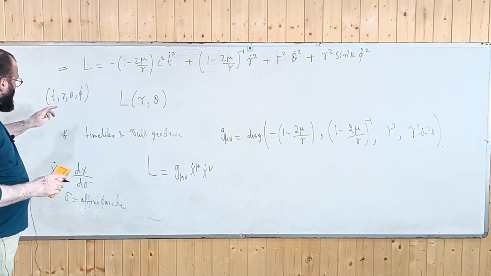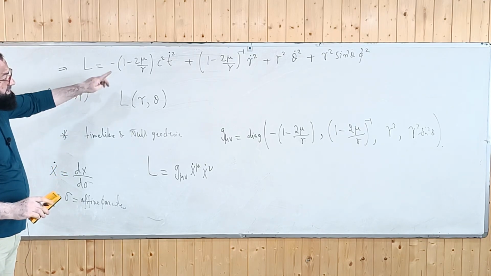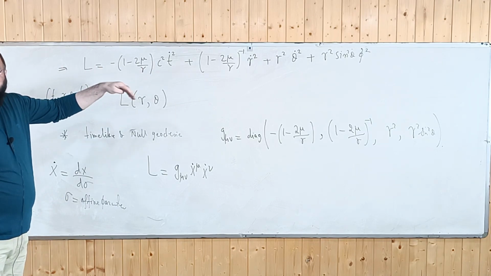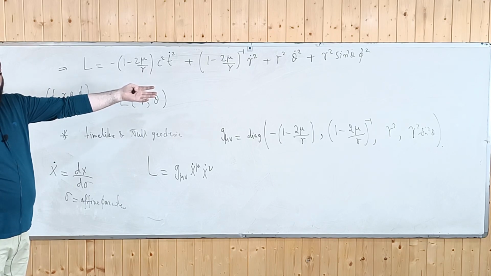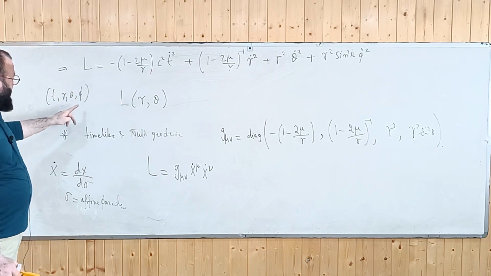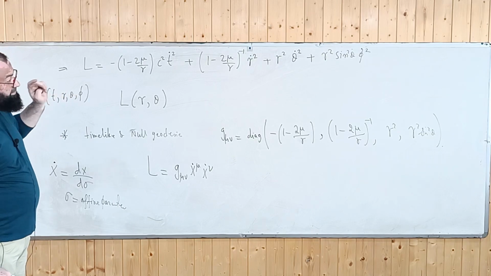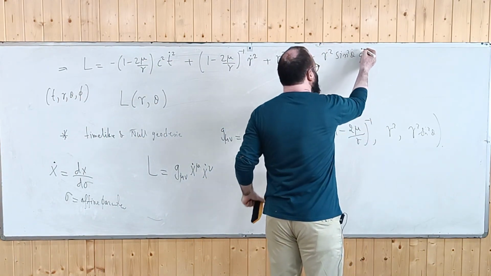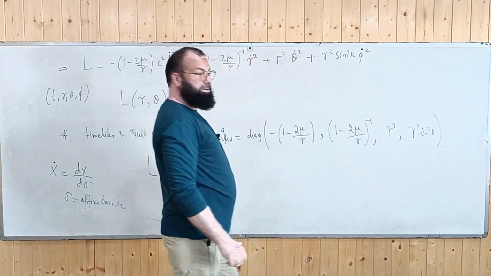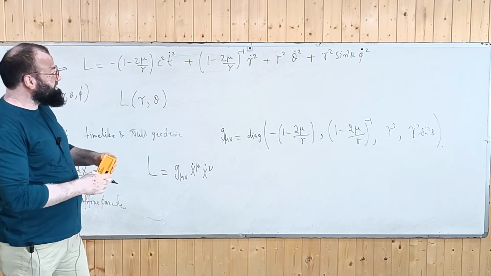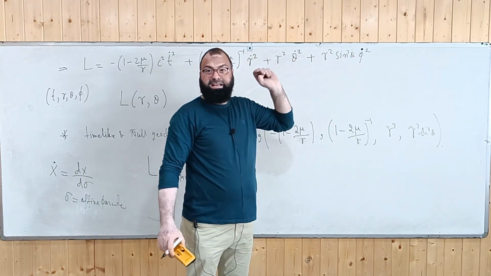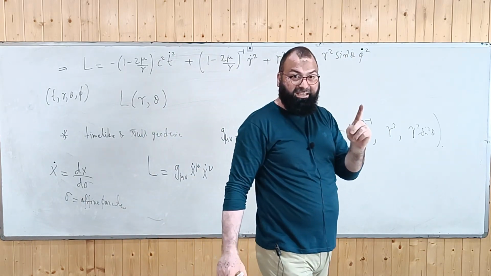Now tell me, does t arise explicitly in this Lagrangian? There is a t, but that is t dot, a derivative of time. And there is a phi, but it's phi dot, a derivative. So the Lagrangian depends explicitly on r and theta.